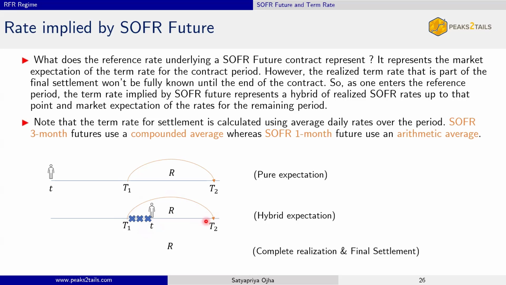Whatever is not known, or in the future, is always an expectation, for example a forward rate. That is an expectation of a future spot rate. So the rate captured by that particular future is a hybrid of what is realized and what is unrealized. The unrealized part is the expected rate for the remaining period. Take that, compound it with the realized part, and that serves as the whole rate between T1 and T2.